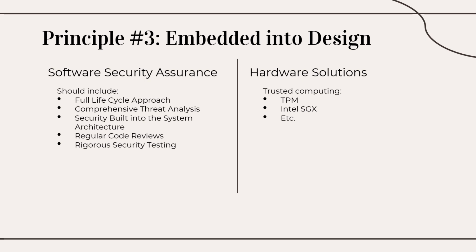The specification for security by design acknowledges this and mentions that most software security assurance methods include full lifecycle approaches, comprehensive threat analysis, and so on, as is in the slide. However, there are also a plethora of other software security assurance methods. This just means that there must be software security assurance.